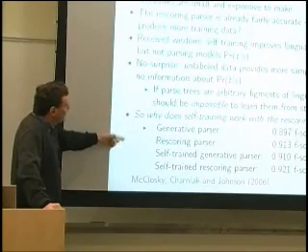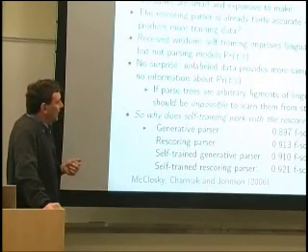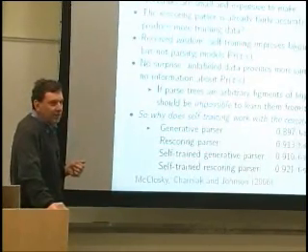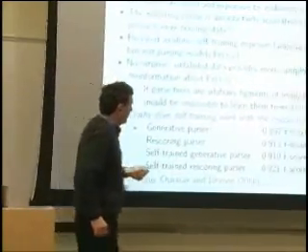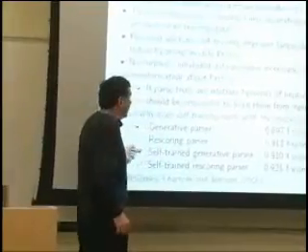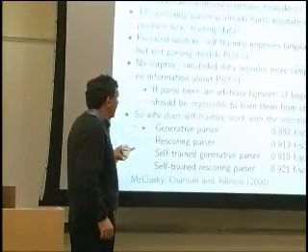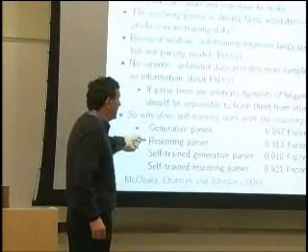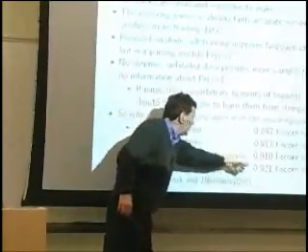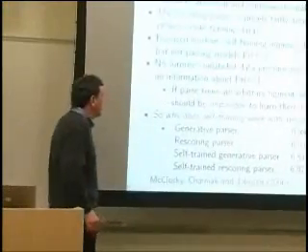So the surprising thing is that this self-training actually reduces the error by over 10%, which is pretty big. So basically, the rescoring parser is getting around 91.3, and we can go up to about 92.1.